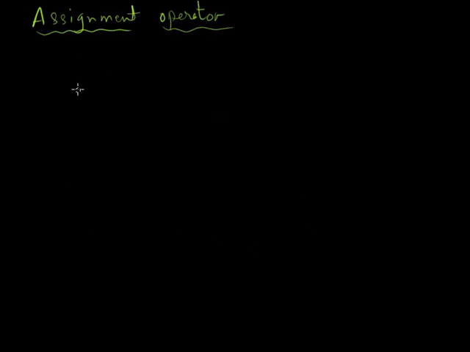Okay, now let us quickly review what an assignment operator is. We have used an assignment operator a couple of times. What an assignment operator does is nothing but assign a value to a variable. So you have a variable like the radius of a circle, and you say that radius is equal to 5.